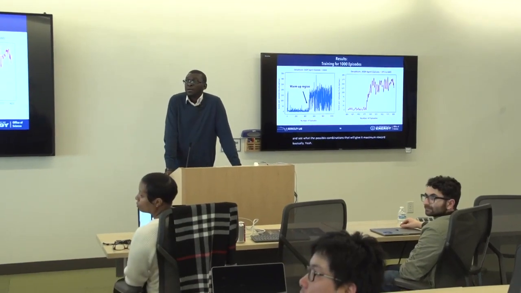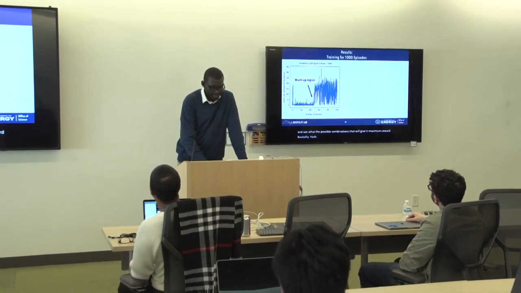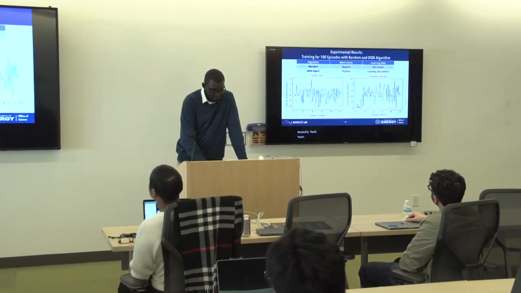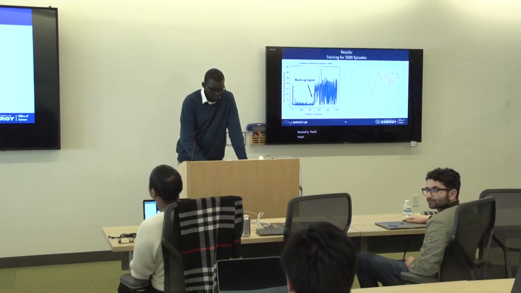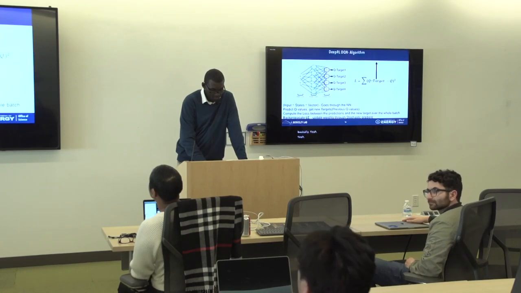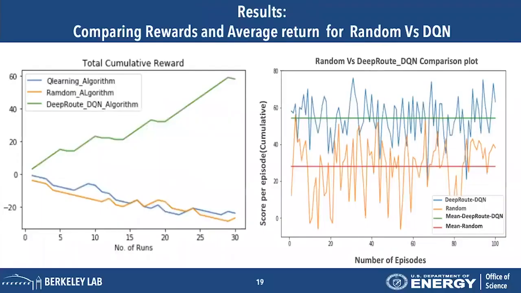Going back to one of the previous slides where you compare Q-learning with the DQN, in that comparison, did you have the same state for the Q and the DQN?